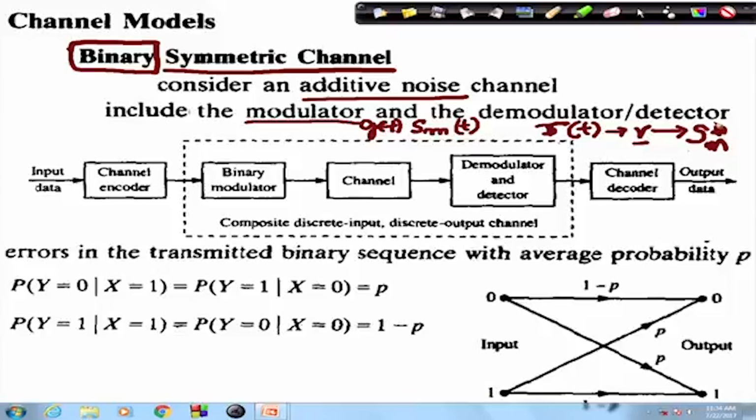Now it says that we have to include this in the channel. I would like to remind you at this point, in the initial parts where we studied layering and breaking down into smaller components, we did say that you could view the channel at different points of the transmitter chain.